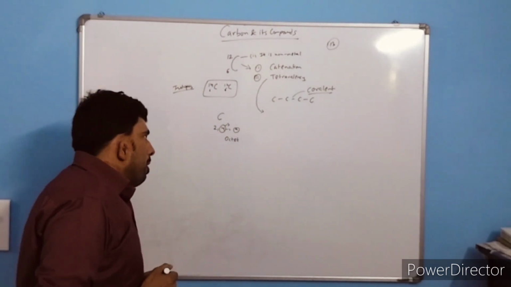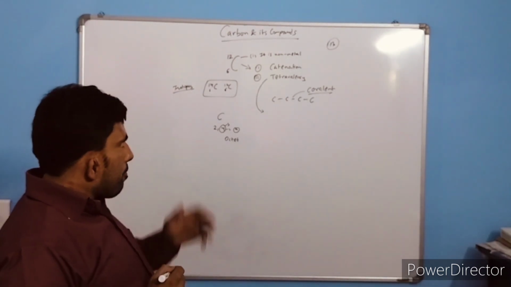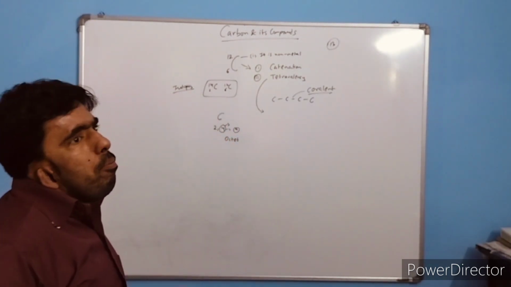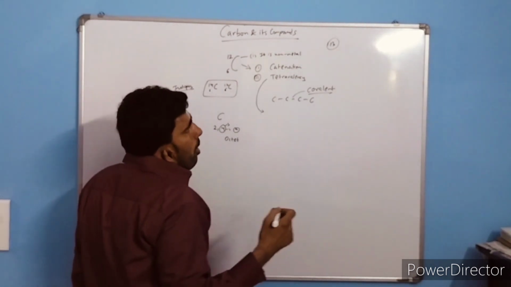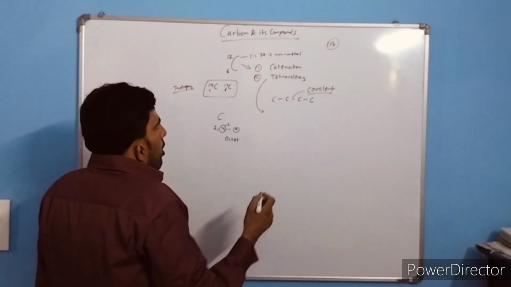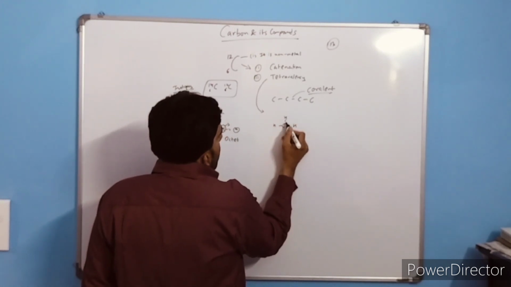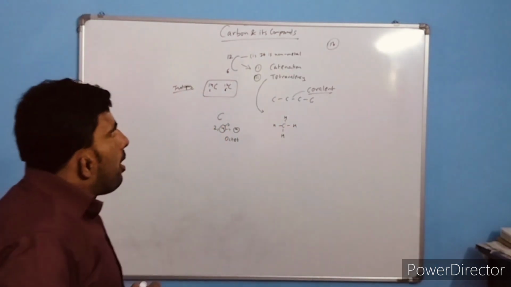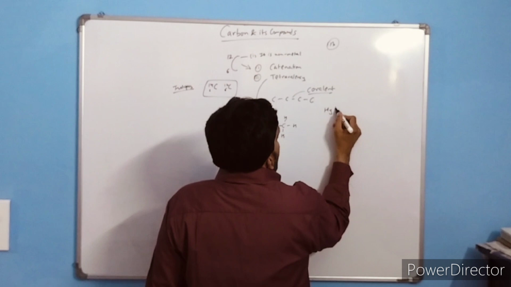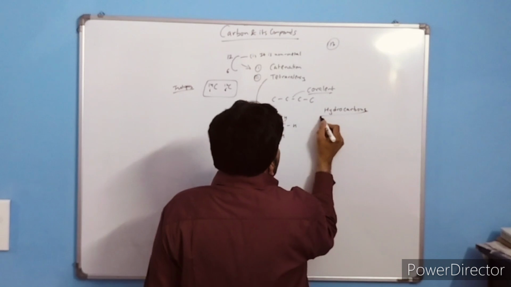Now, one more thing we can share is about its compounds. Carbon makes compounds with many other elements, like hydrogen, nitrogen, oxygen, and lots more. But when carbon makes a bond with hydrogen, that compound is called a hydrocarbon.